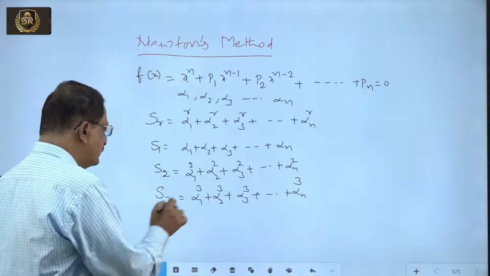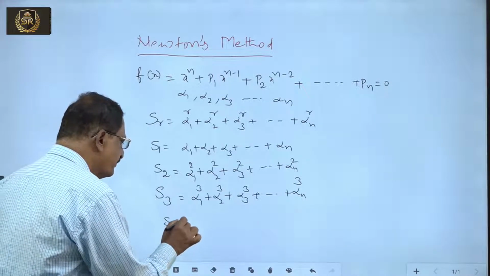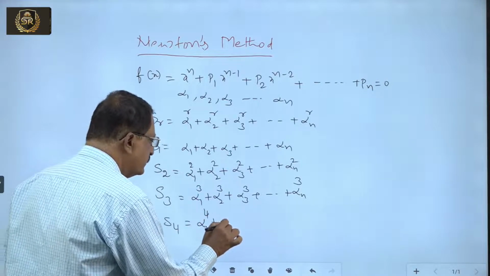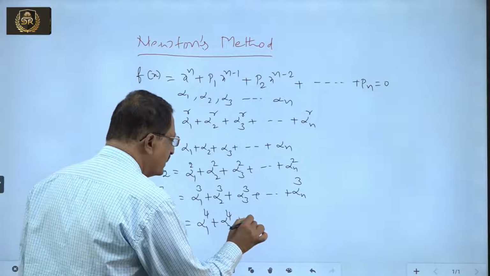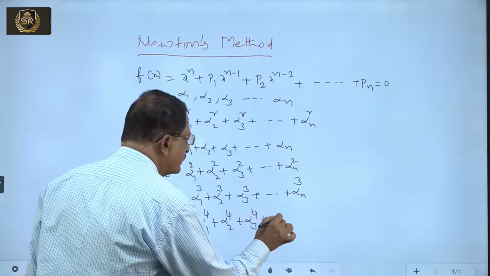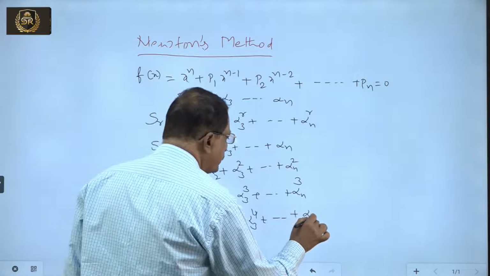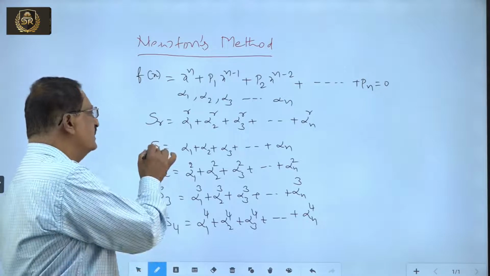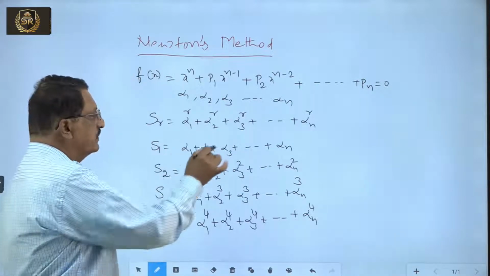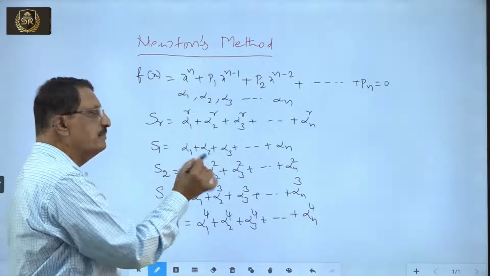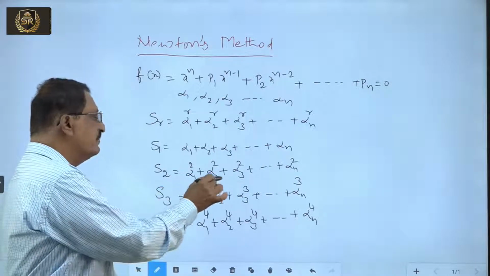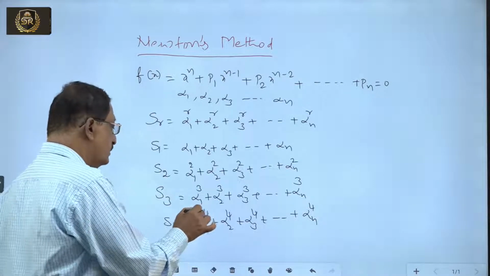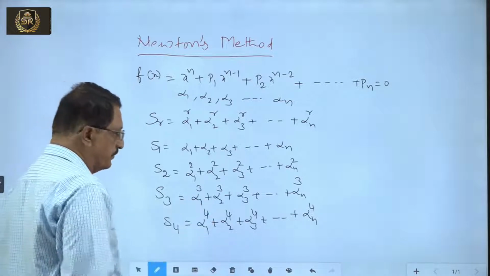Similarly, suppose S4 equals alpha 1 to the power of 4 plus alpha 2 to the power of 4 plus alpha 3 to the power of 4 plus up to so on alpha n to the power of 4, and so on. Now, here notations: S1 means sum of roots of the equation, S2 equals sum of squares of roots, S3 equals sum of cubes of roots, and S4 is the sum of roots whose exponent is 4.